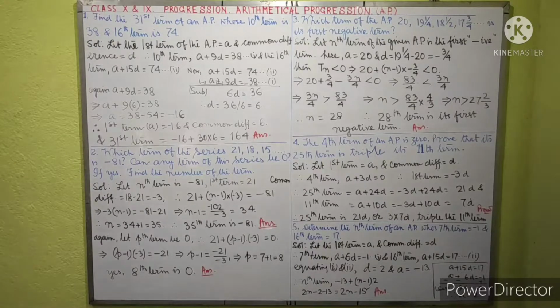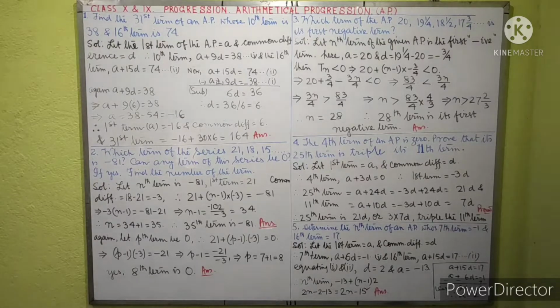The first question: find the 31st term of an AP whose 10th term is 38 and 16th term is 74. It is given that the 10th term is 38 and the 16th term is 74.